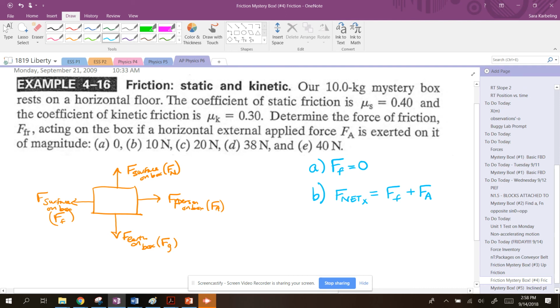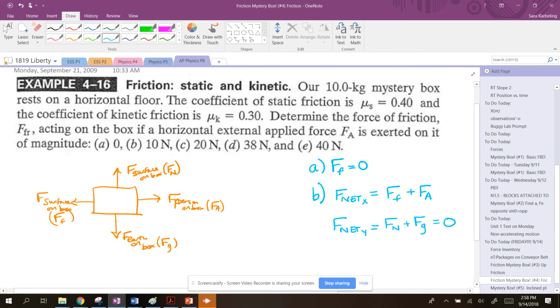What about in the y direction? The normal force and gravity. And what does the F net in the y direction for sure equal? 0, because it's not going up or down, right?